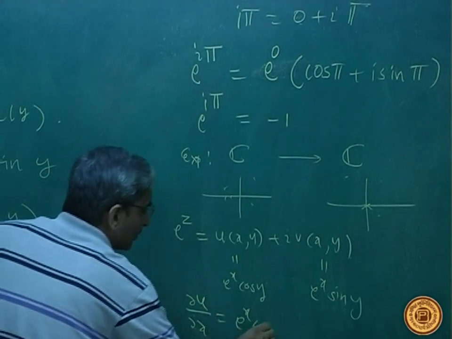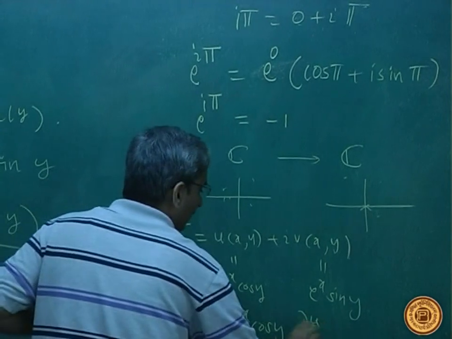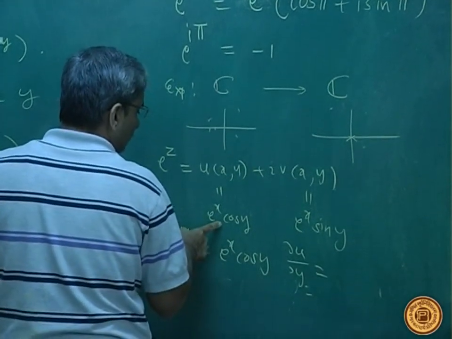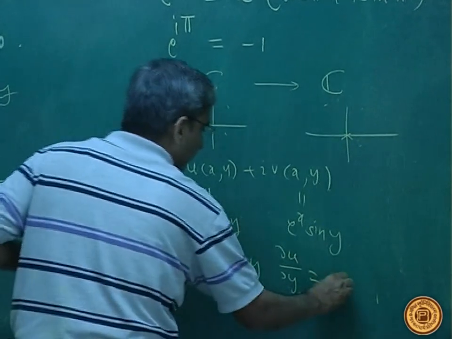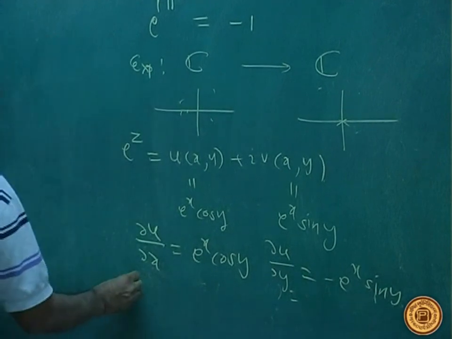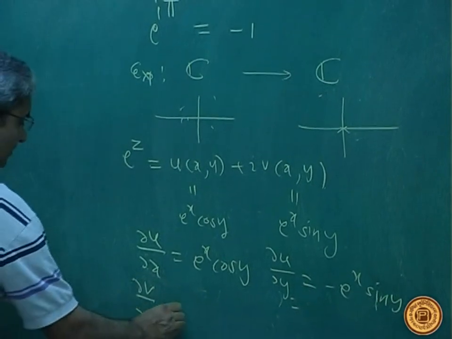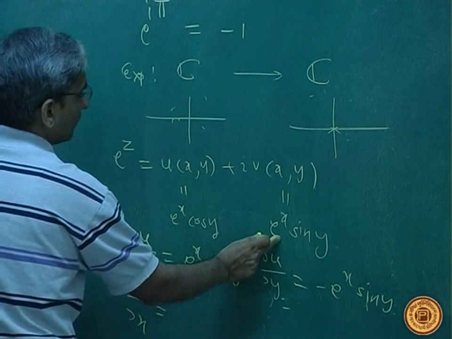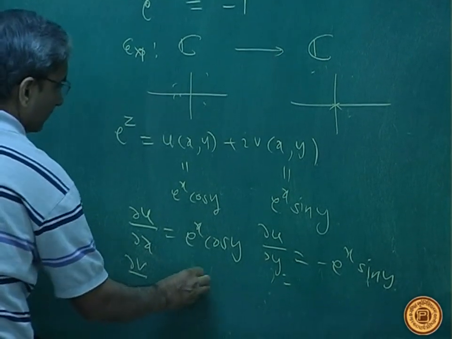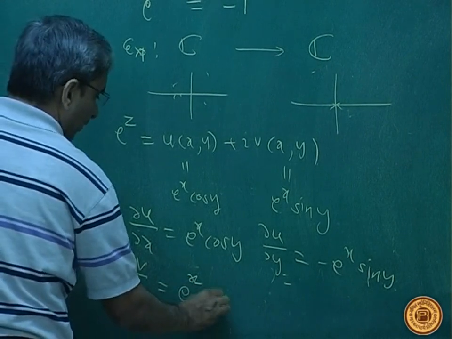Del u by del x is what? e to the power x cos y. Del u by del y is what? This is del, this is u. So del u by del y is minus e to the power x sin y. Del v by del x, this is v, so e to the power x sin y.